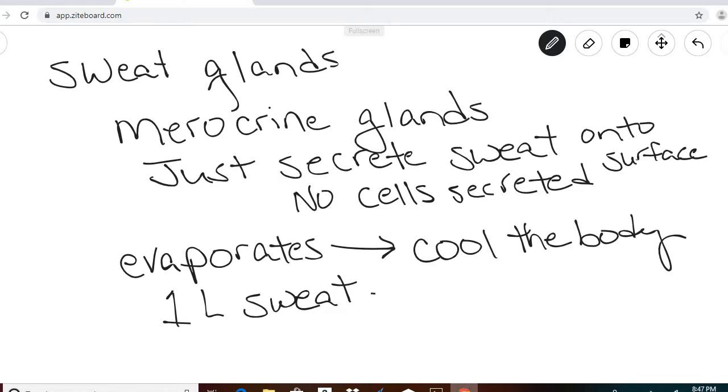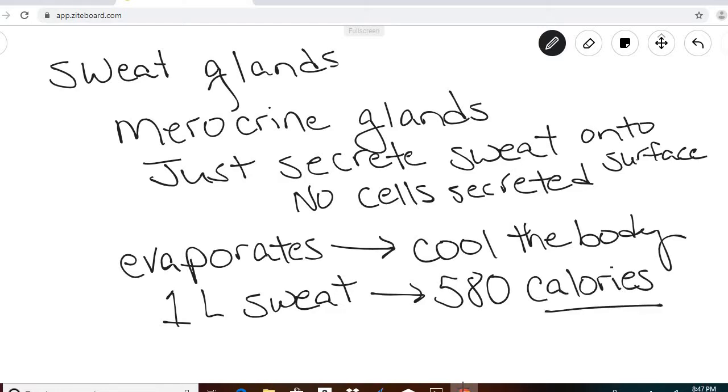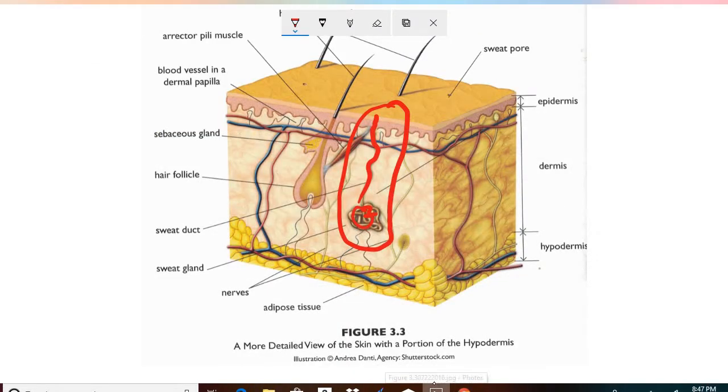But for every liter of sweat that is evaporated, your body will lose 580 calories of heat. So that's a lot of heat that is lost through the evaporation of sweat, and that would be the evaporation of sweat through these merocrine glands that are illustrated here that I circled in red.